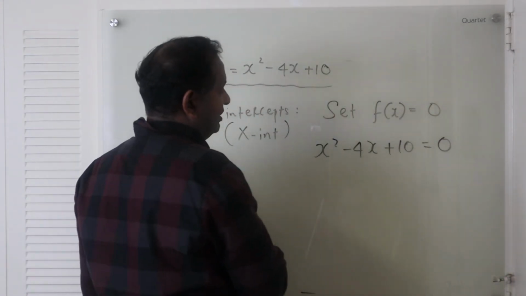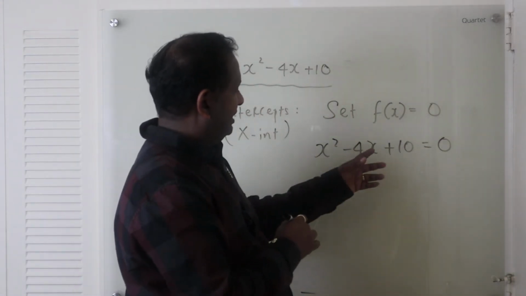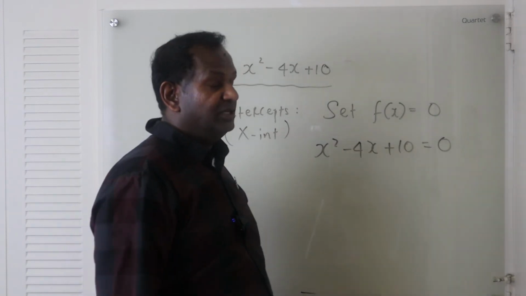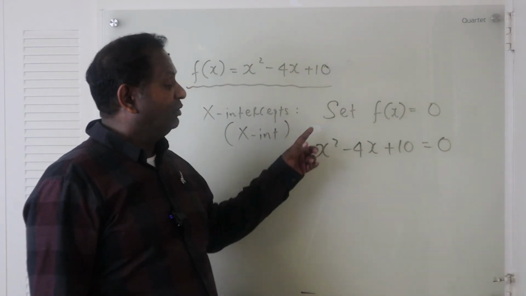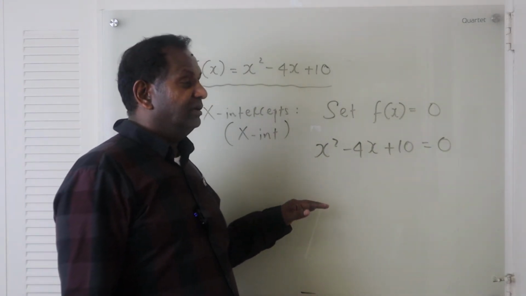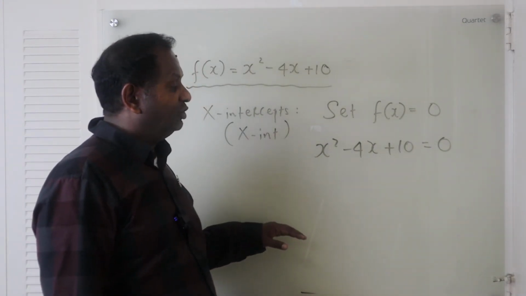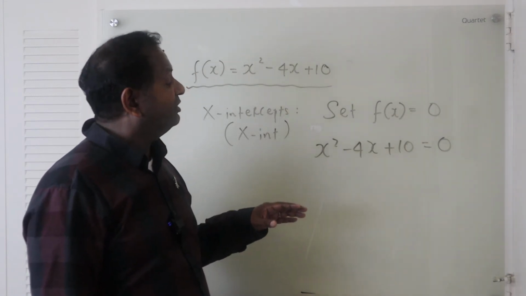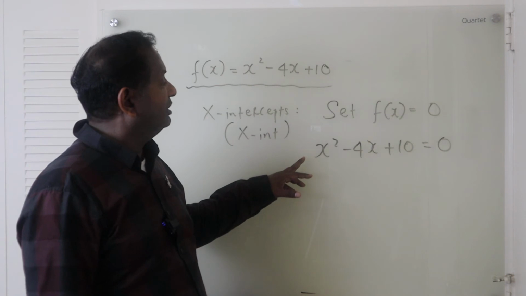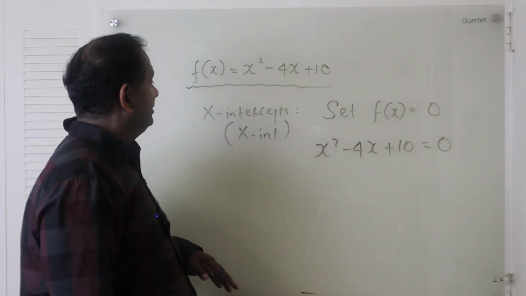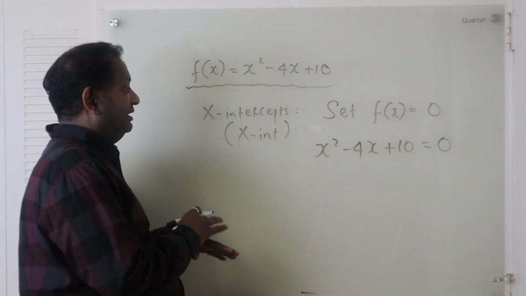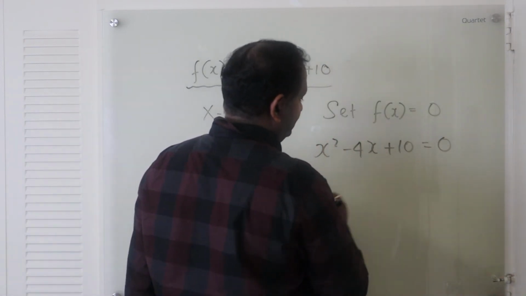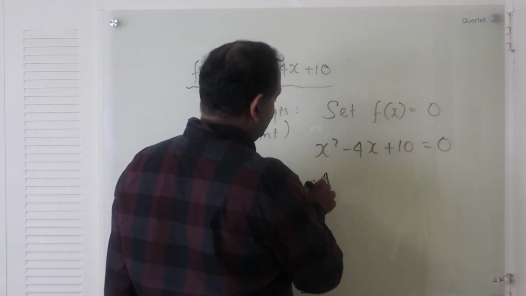Again, you have to solve this equation. We came to a conclusion ahead of time that this would not get closer to the next function, but that does not guarantee that this is not going to meet the x-axis. It looks like it's not factorable. Again, let's go to the discriminant.